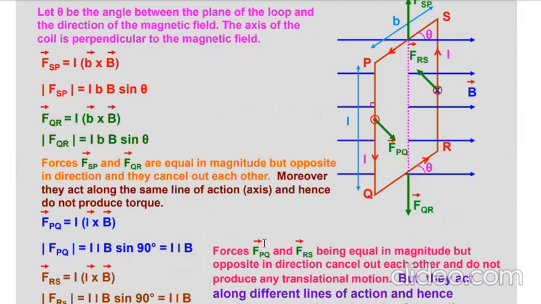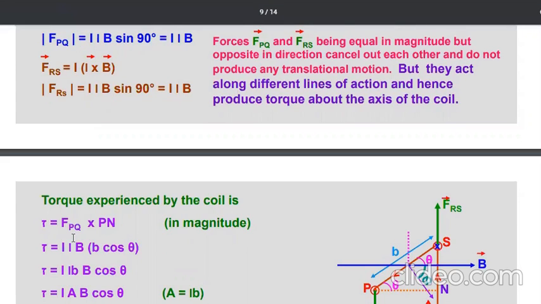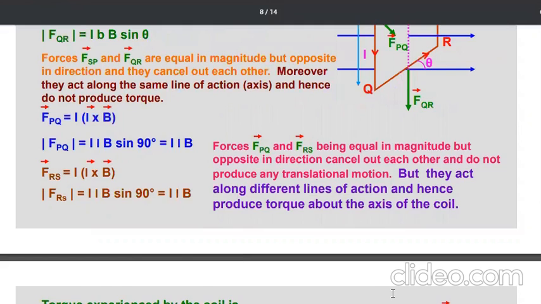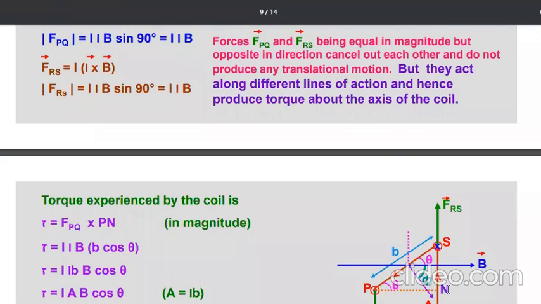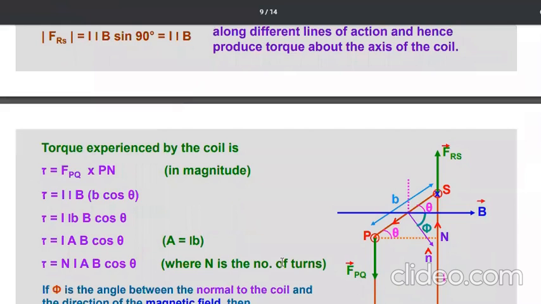Here PN is the perpendicular distance, P to N, so you can calculate with respect to that. Torque is equal to ILB into a small b, because to calculate PN, in right angle triangle PSN, this acts as the base and this acts as the hypotenuse.